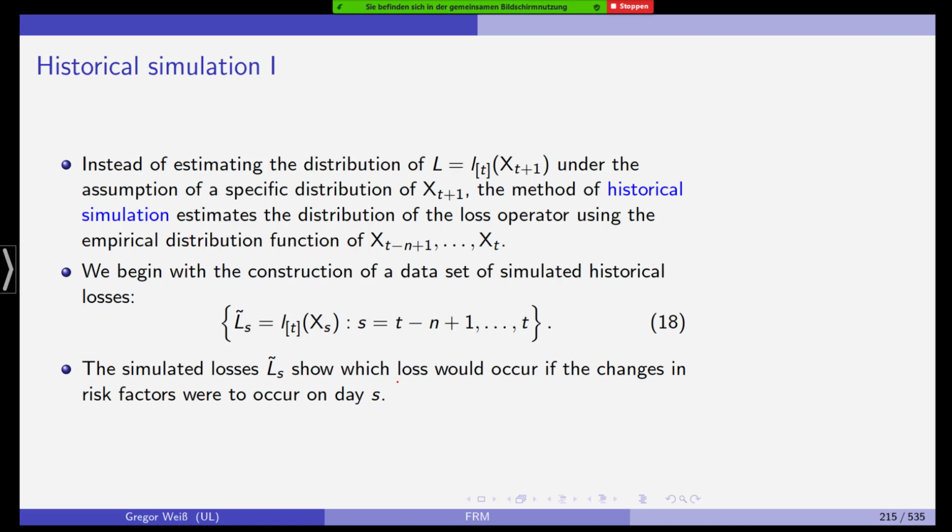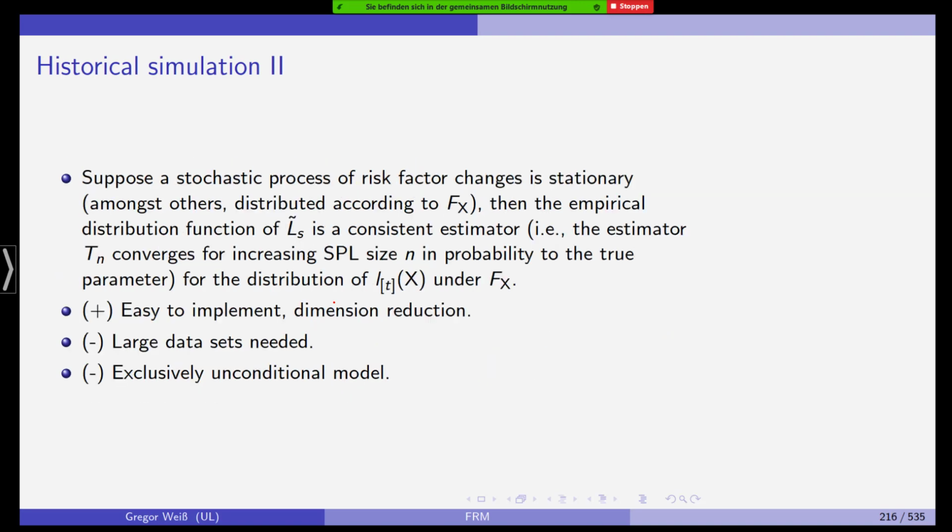You insert your historical data for your risk factors into your loss operator. You would get historical losses, or simulated historical losses. And then you simply take the empirical distribution function, the EDF, of those simulated historical losses. And this is a consistent estimator for the true distribution in the population.